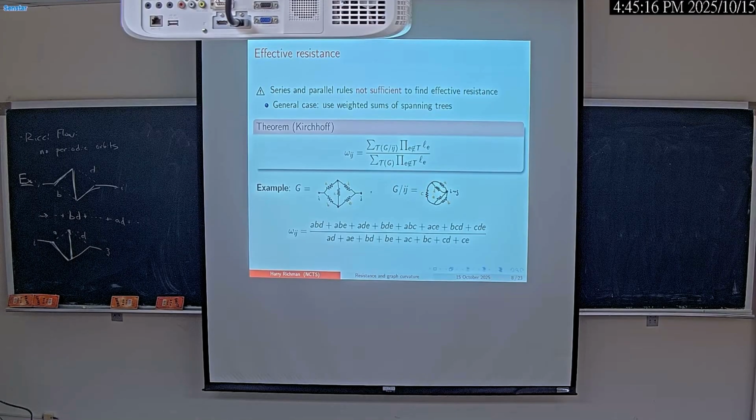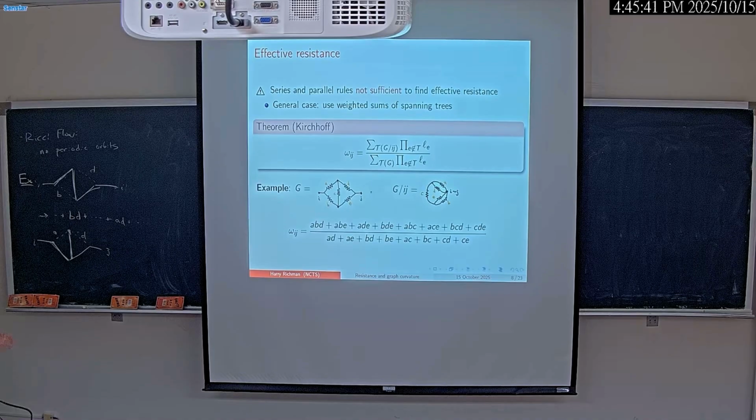And what is this number L? Oh, right. L_e, I forgot to mention, is just the resistance on that edge. So we're studying graphs, and on each edge of the graph we have a resistor, and that resistor comes with some positive real resistance.